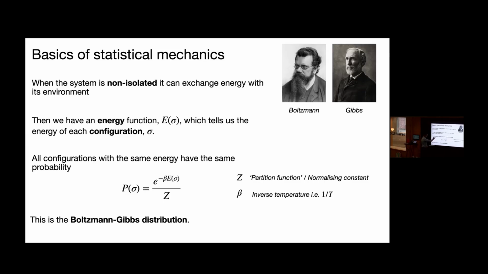The key result of equilibrium statistical mechanics is that this is the distribution of microstates. It's called the canonical ensemble or the Boltzmann-Gibbs distribution. It basically tells you how often we should see each configuration based on its energy alone. So all that matters is the temperature and the energy of the configuration.